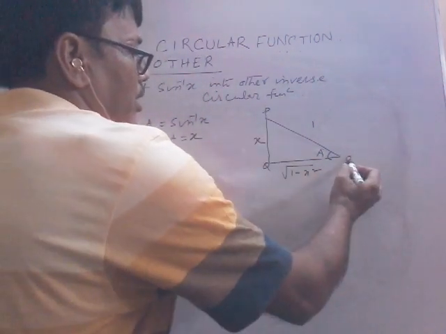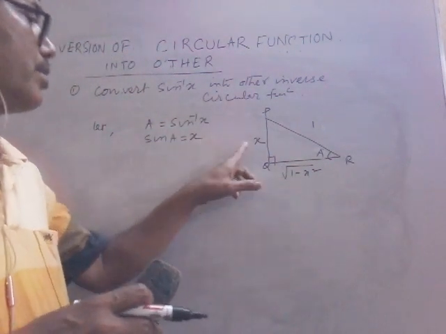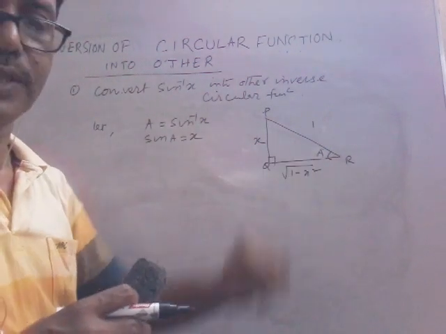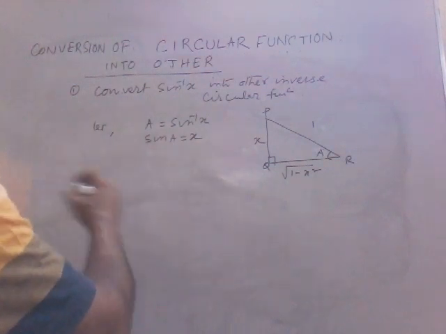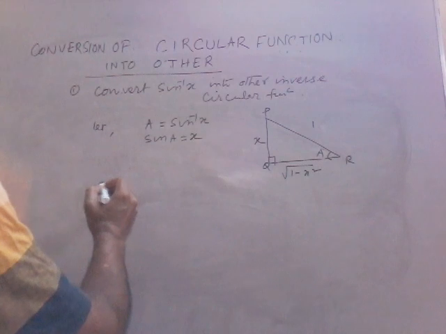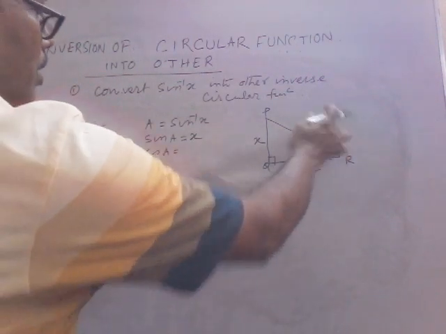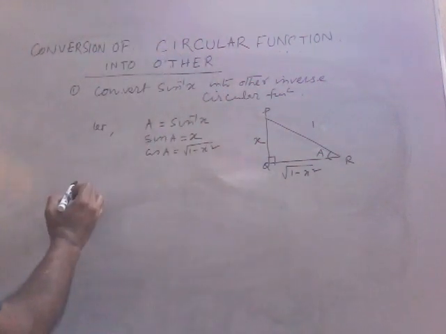P Q R. You can write it directly. Sine A equals x by 1, perpendicular by hypotenuse. This is the base. So sine inverse of sine A equals x. What is cos A? Cos A is base by hypotenuse. So you can write directly like that.